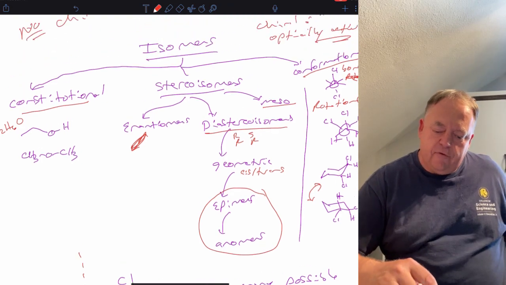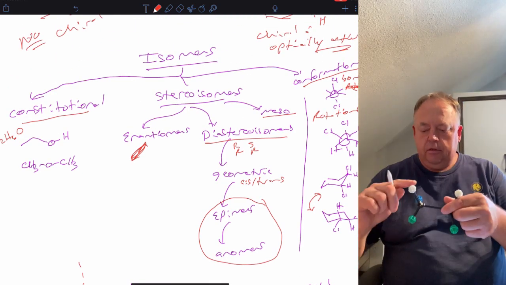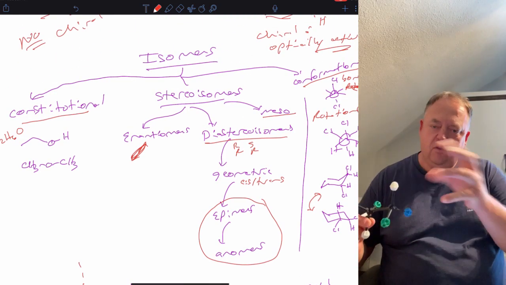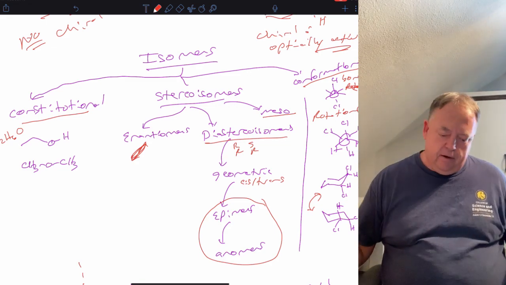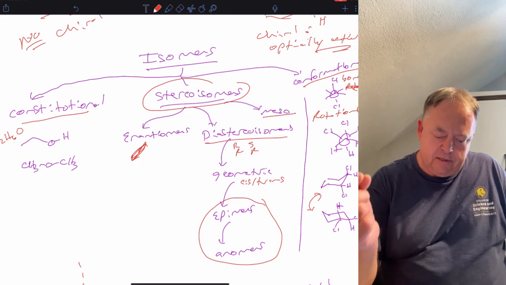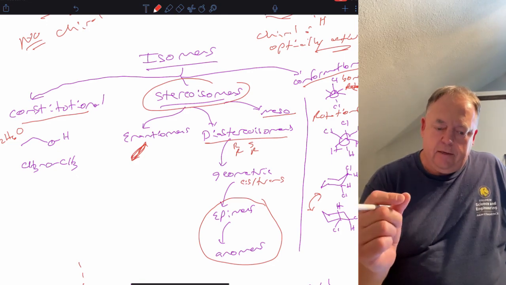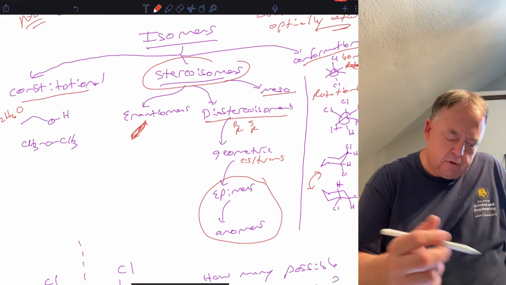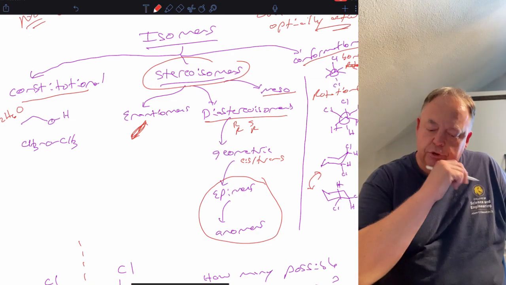And these conformational isomers, right, you can rotate around bonds, so you can convert between one and the other. But for stereoisomers, you cannot convert one into the other without physically breaking a bond and remaking a bond. And the same goes for constitutional isomers.